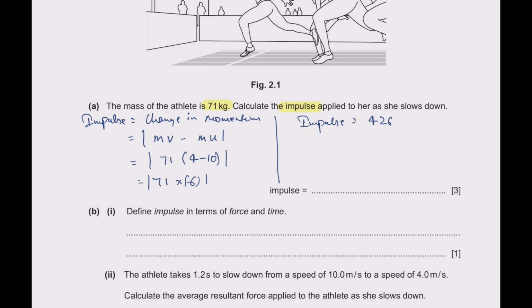Converting into two significant figures, I will write it like 430. The unit is Newton second or kg meter per second, but you should write the SI unit, so 430 Newton second is the answer.